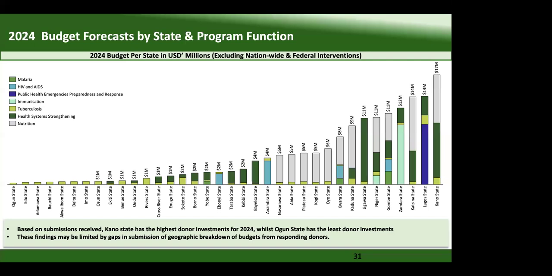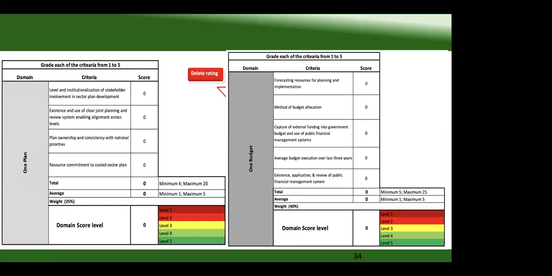When we comb down on this data further, we would see other nuance, but these are the big spending items. Lagos State, the story is slightly different. You have a lot of public health emergency spending and preparedness issues in Lagos. And then, of course, you have HSS and you have malaria in Lagos. So we did this for all of these states, and remember, this is from data declared and reported to us.